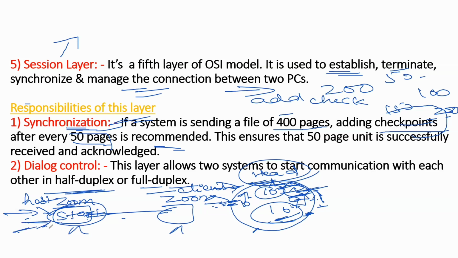When you click on the start button, at that time you are using the session layer. And when you join here, you are also using the session layer. So this is called dialog control. When you start communication from one PC to another PC, and after that terminate it, managing the whole thing is called dialog control.